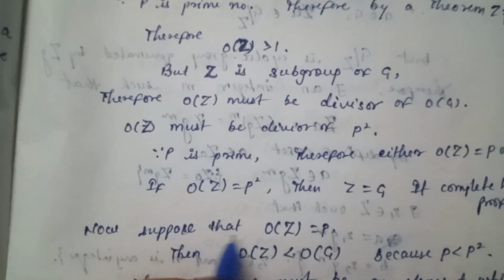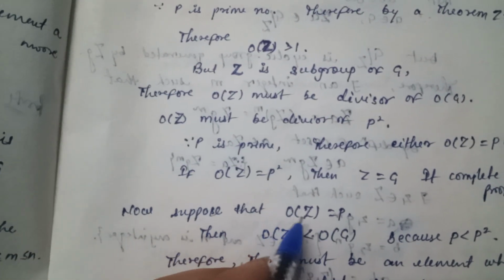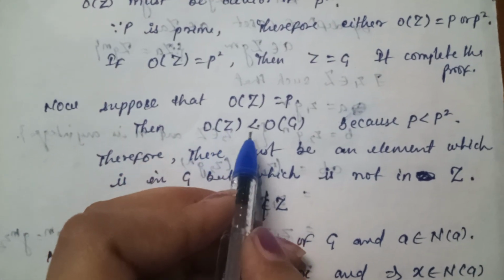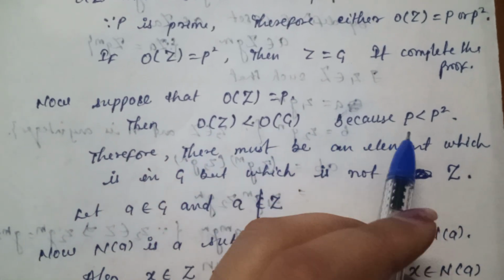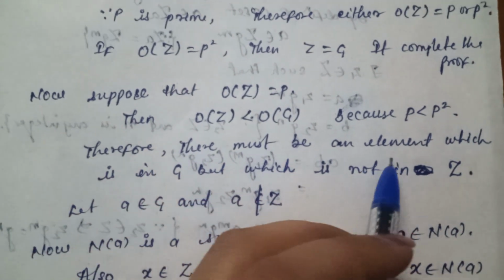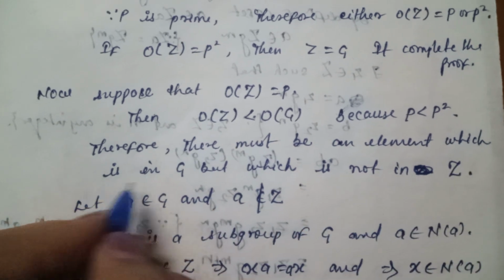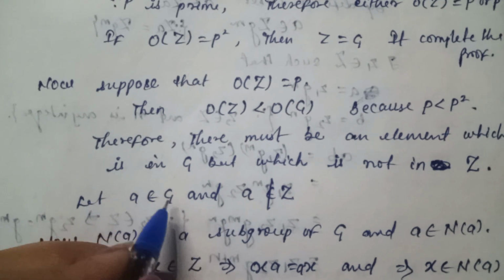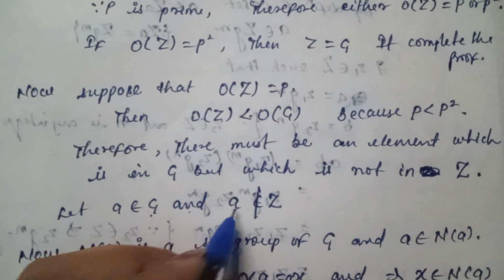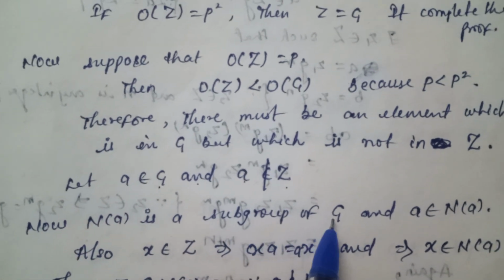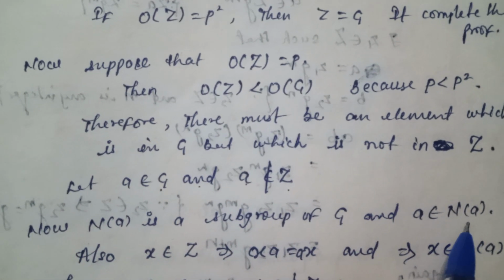Now suppose that the order of Z is equal to P. Then the order of Z is less than the order of G because P is less than P square. Therefore, there must be an element which is in G but which is not in Z. Let A belong to G and A not belong to Z. Now N(A) is a subgroup of G and A belongs to N(A).